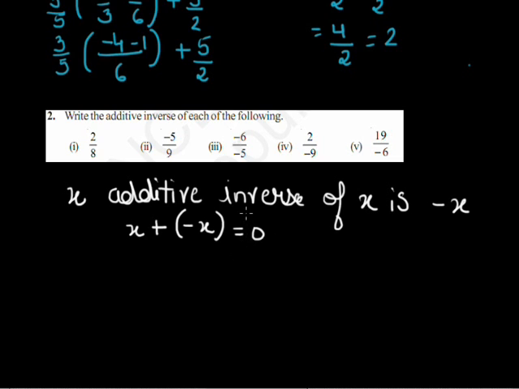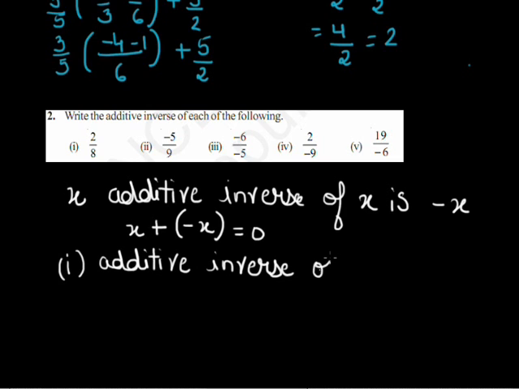So additive inverse is, if I add the additive inverse of the number to the number itself, then the value is 0. So in the first part, if I have to find the additive inverse of 2 upon 8, I have to multiply 2 upon 8 with the negative sign. So the additive inverse of 2 by 8 is equal to minus 2 upon 8.